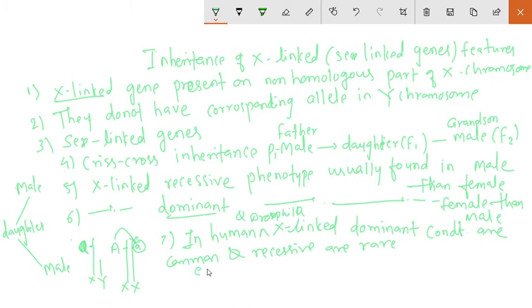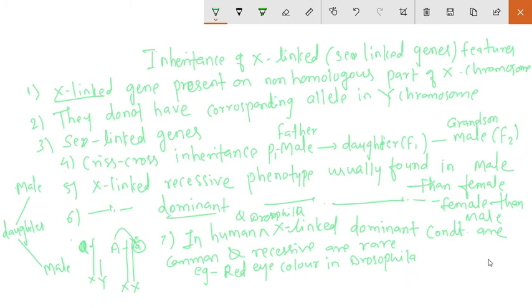So there are two examples. For example, the red eye color in Drosophila, and the inheritance of the recessive gene of eye color in Drosophila.